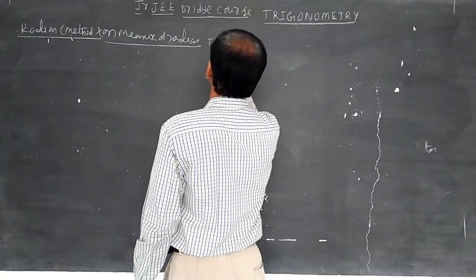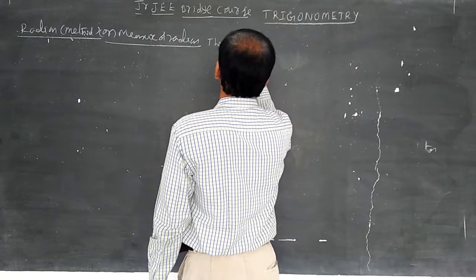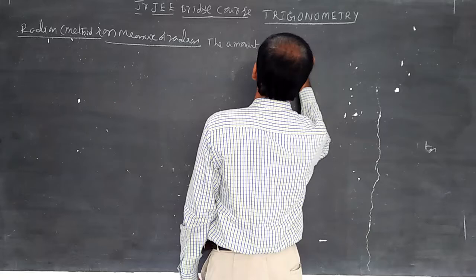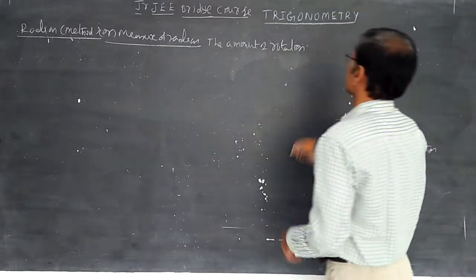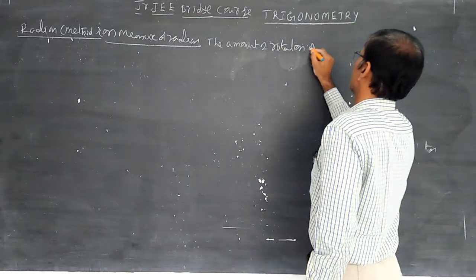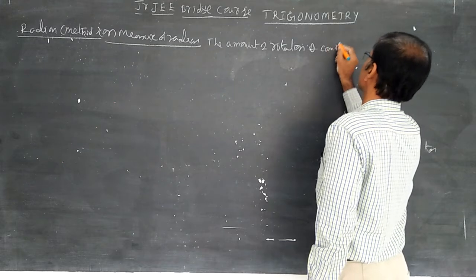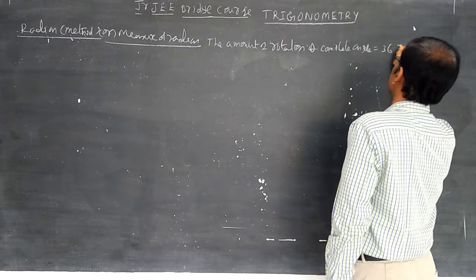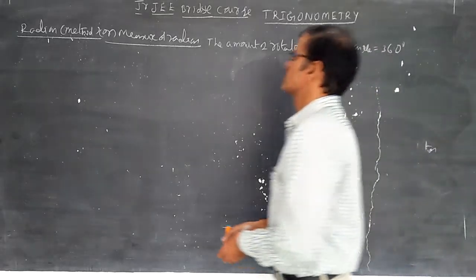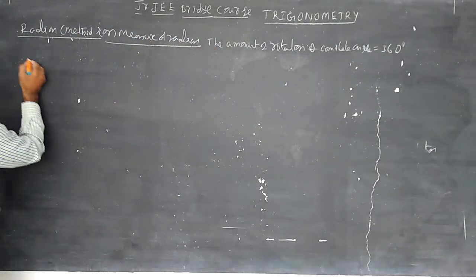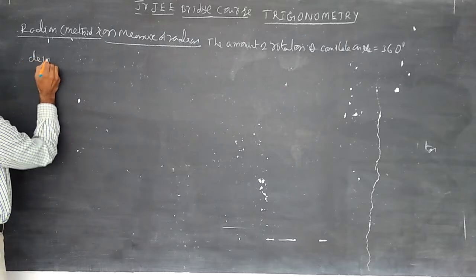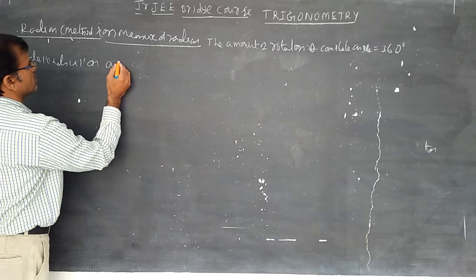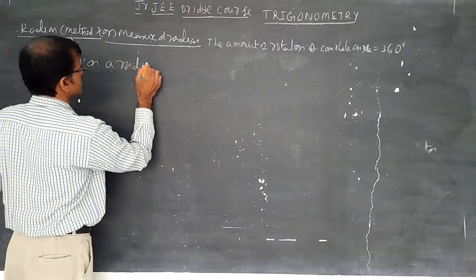The amount of rotation of a complete angle is equal to 360 degrees. The complete angle depends upon the radius of the circle.